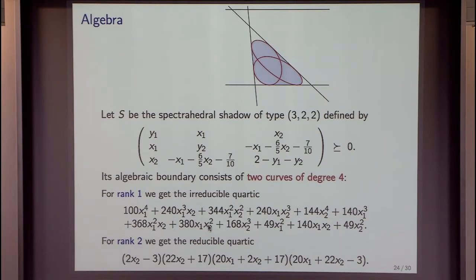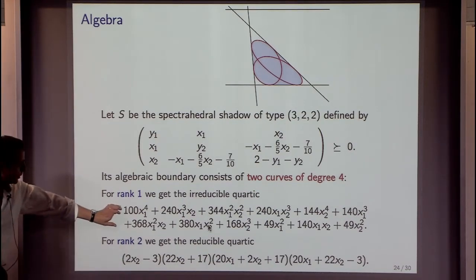I'm projecting it into the plane, and I get this shaded picture. The algebraic boundary consists of two curves of degree 4. There's one curve, the red curve, this cardioid curve, and that's given by this polynomial.